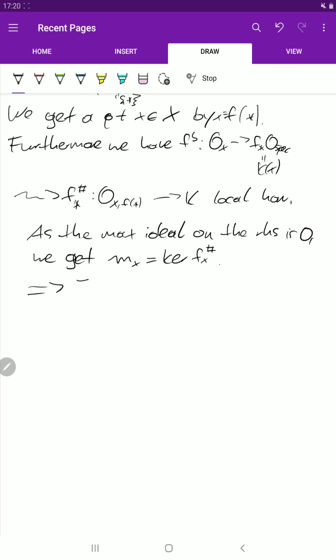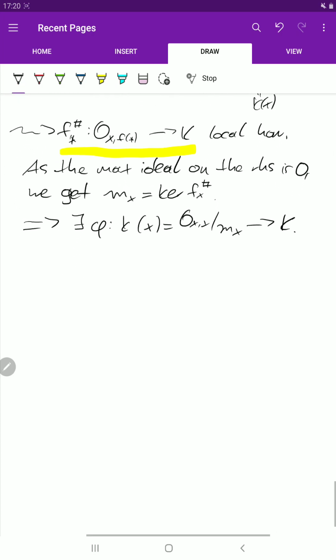So that means that we get an induced map from O_{X,x} modulo m_x into K. So this is just the induced map from this map. Okay, so we have one construction, and now let's give the converse.